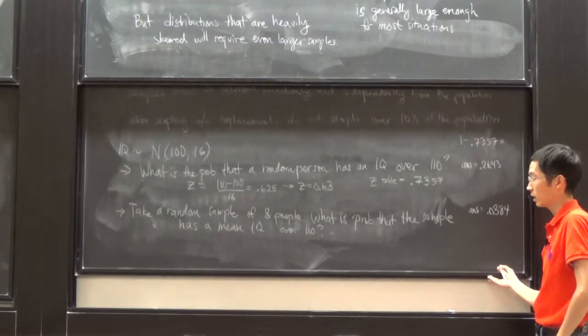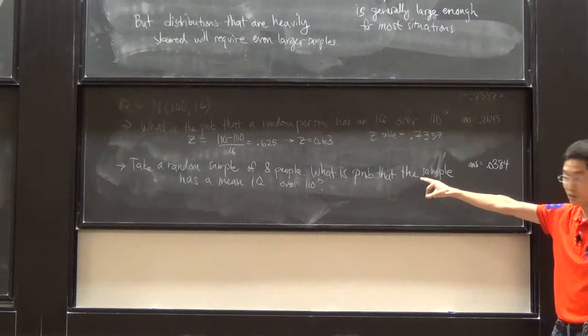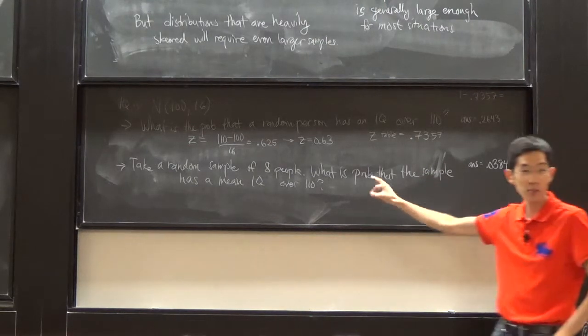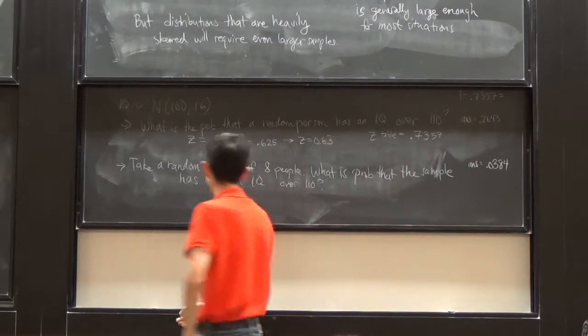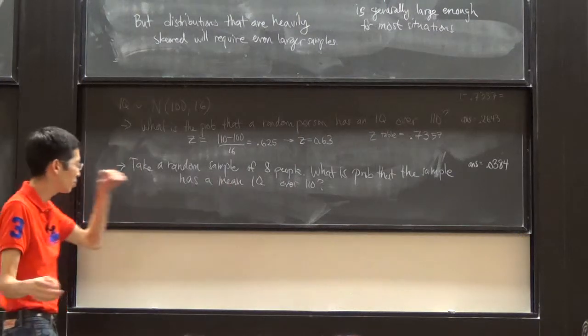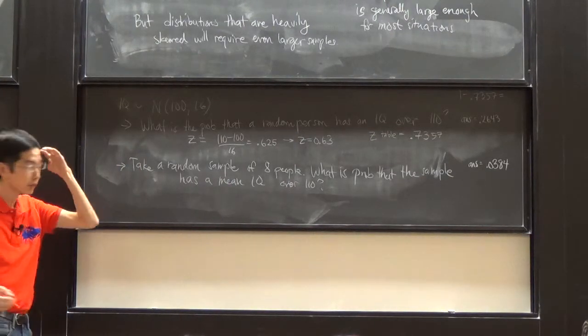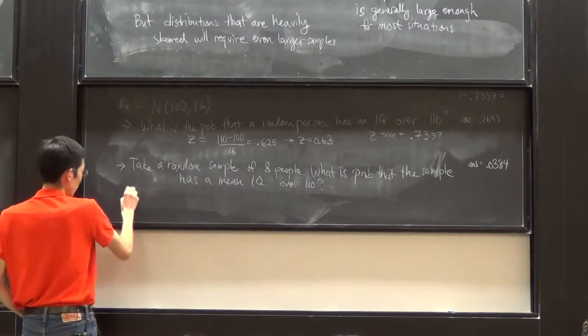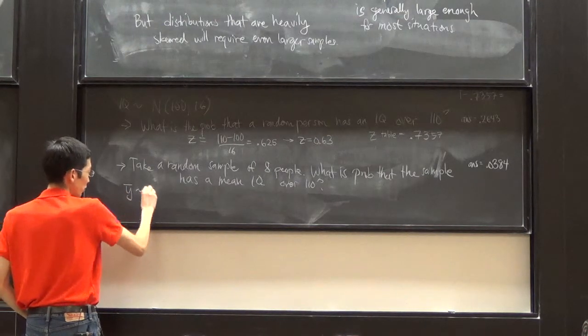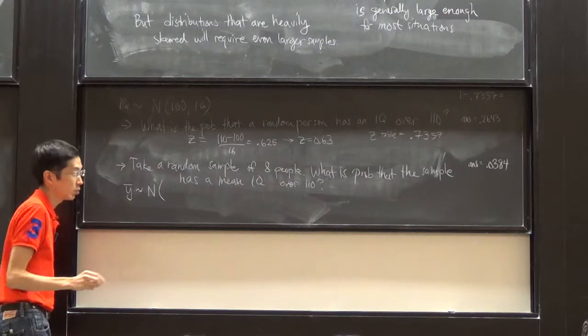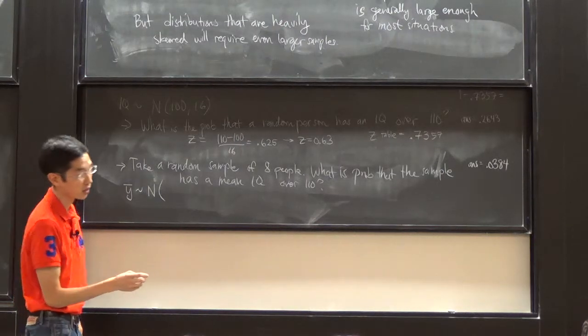All right, and so this is the new stuff that we learned today, applying the central limit theorem. And so when we take a random sample of 8 people, this tells you, oh, I'm dealing with a sampling distribution now. So the sampling distribution of y bar then comes from a normal distribution, and the mean is equal to what?